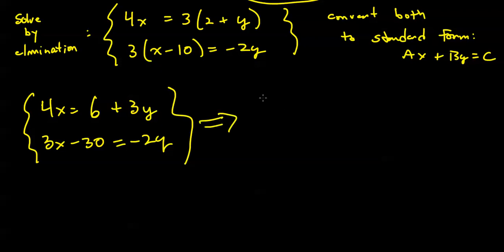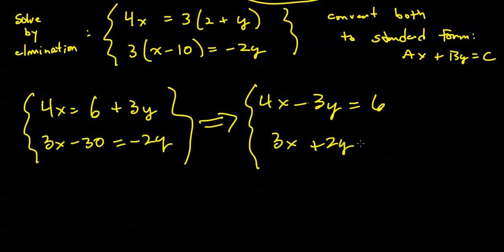One more step. The top equation, I'm going to subtract 3y from both sides. Resulting in standard form equation on top. And on the bottom, well, I can add 2y to both sides and at the same time add 30 to both sides, resulting in 3x plus 2y equals 30.